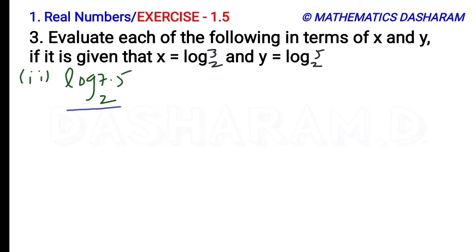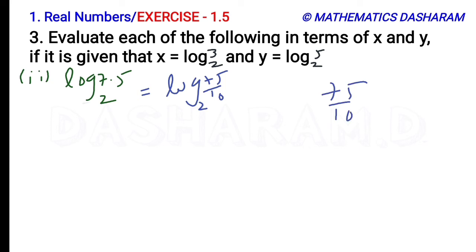Second question, log 7.5 base 2. So 7.5 convert into fraction form. So 75 by 10 base 2. So 75 by 10, 5 2s are 10, 5 1s are 5, 2 remainder, 5 5s are 25. So 15 by 2.